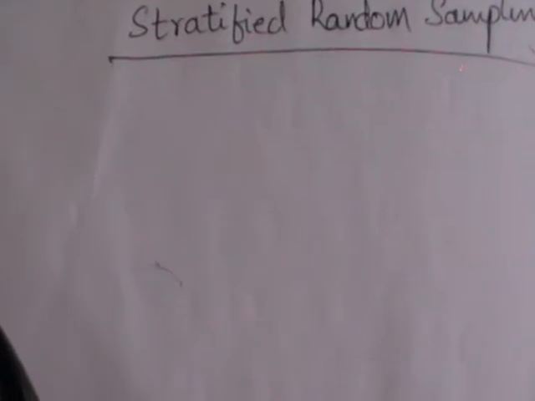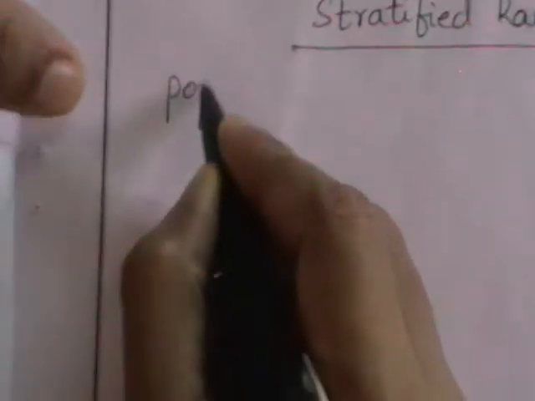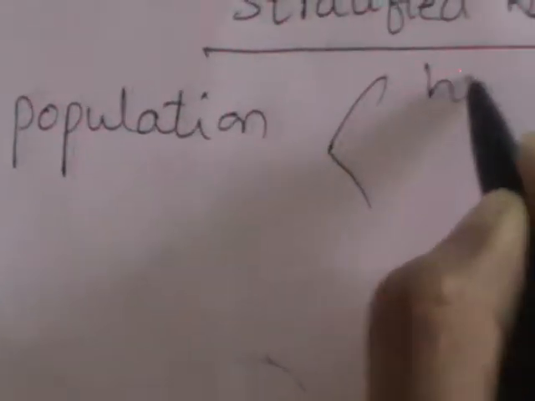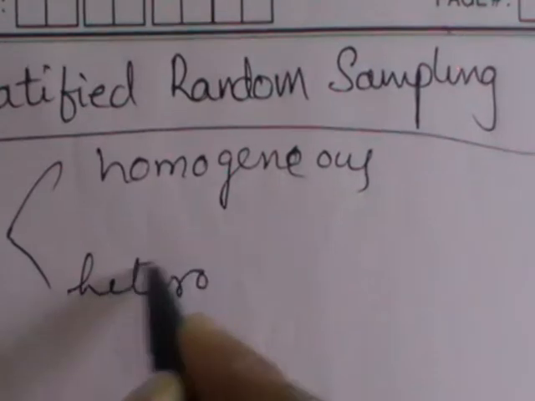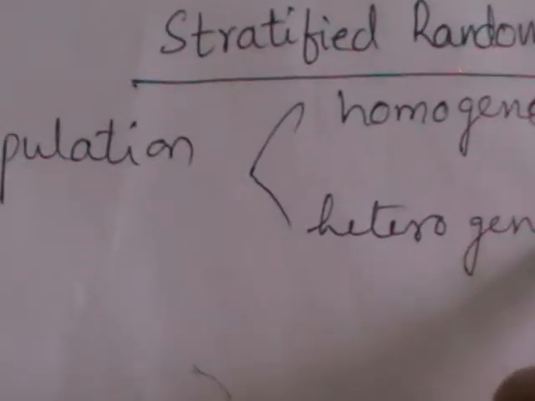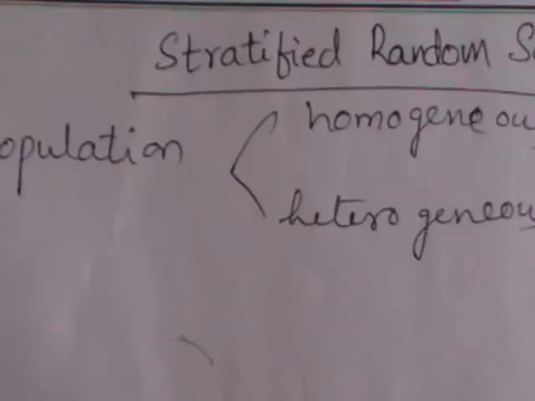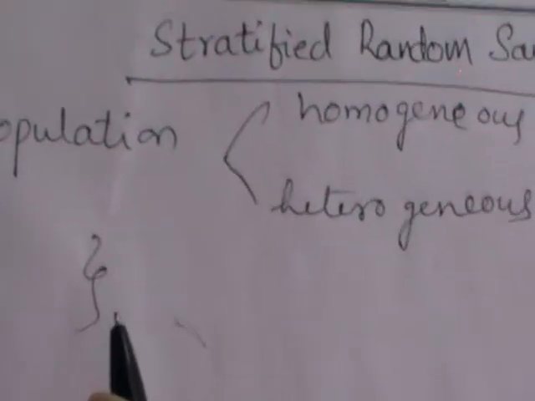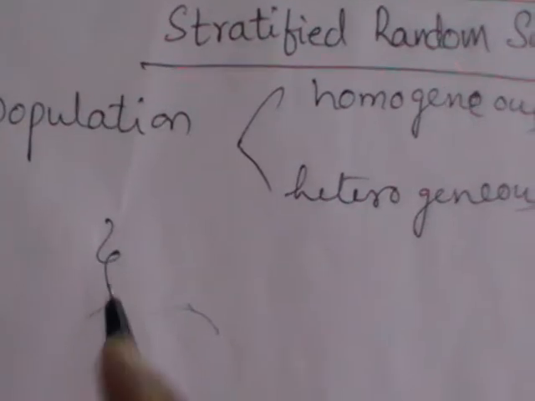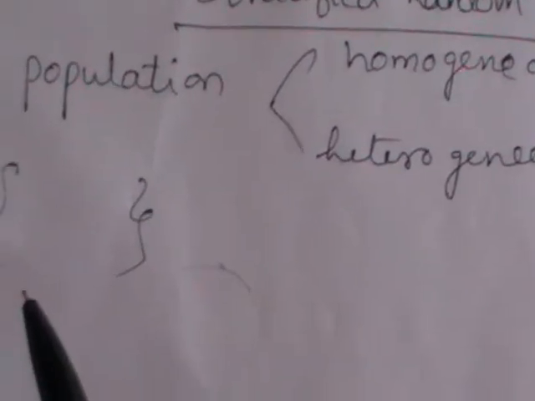Before discussing this, let us classify the population into two types called homogeneous population and heterogeneous population. You know that a collection of units, a set of animates or inanimates, is called a population.